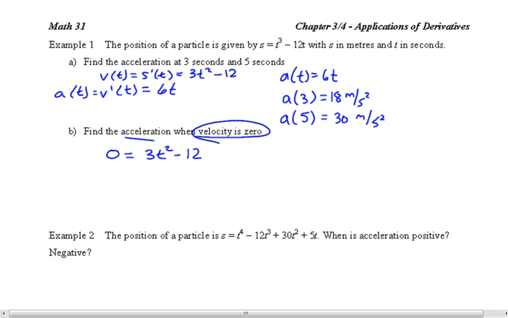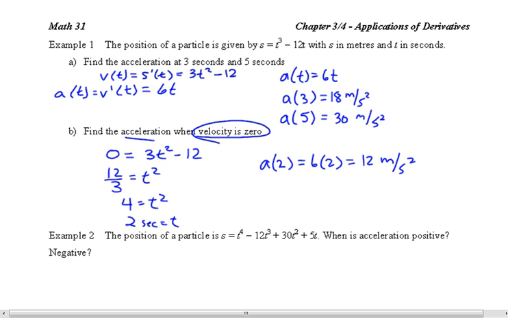So you can either factor this, add 12, divide by 3, so 4, square root. Can you have a negative time? No, so the answer is just 2 seconds. All right, so what's the acceleration at 2 seconds? So acceleration at 2 seconds is 6 times 2, or 12 meters per second squared. Easy?